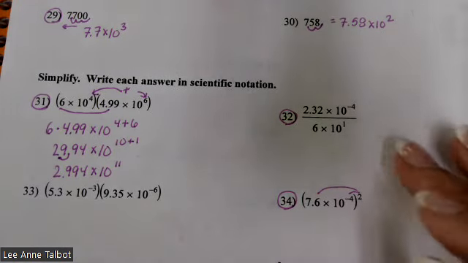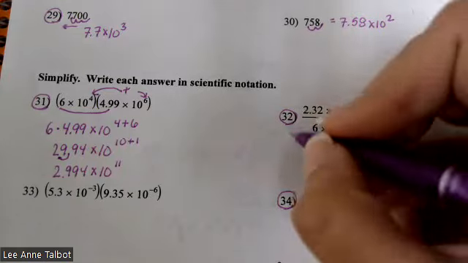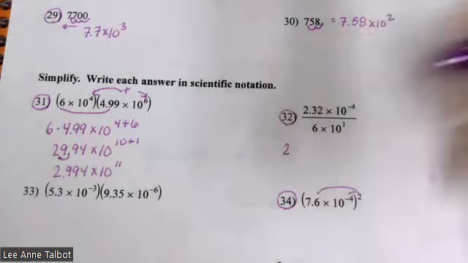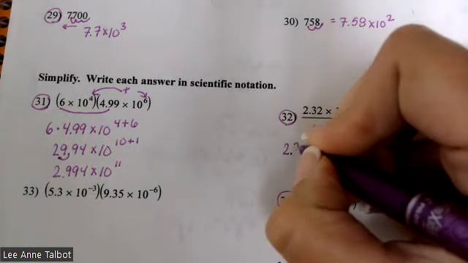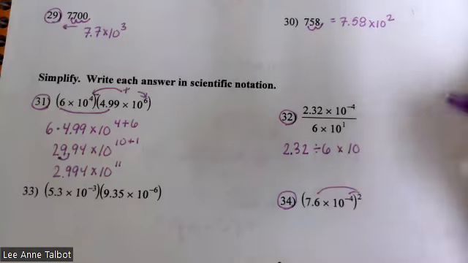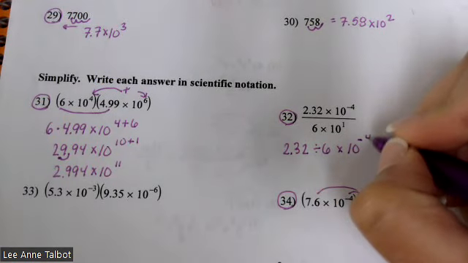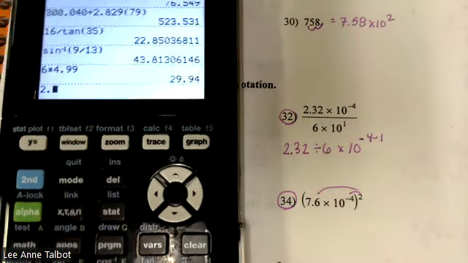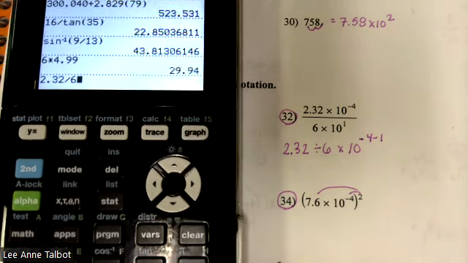Okay, number 32. Divide the numbers in front. Subtract the exponents. Divide the numbers in front. Subtract the exponents. 2.32 divided by 6.